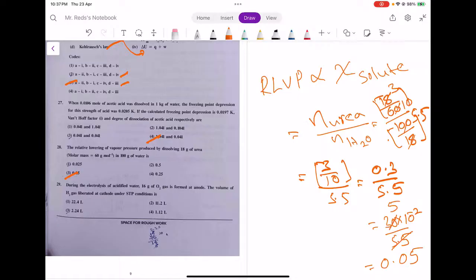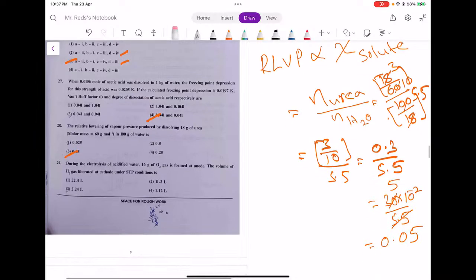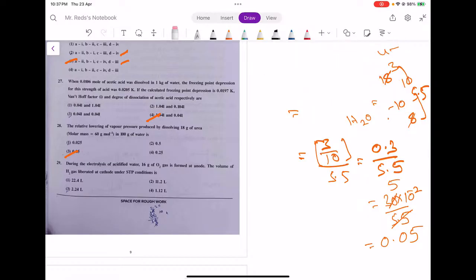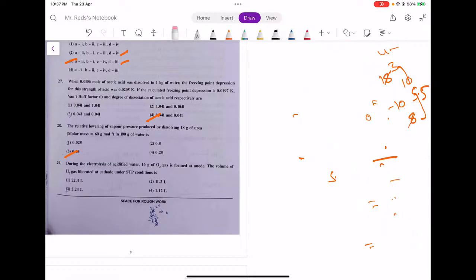Next, question number 29. During the electrolysis of acidified water, 16 grams of O2 gas is formed at the anode. The volume of H2 gas liberated at the cathode at STP is asked.